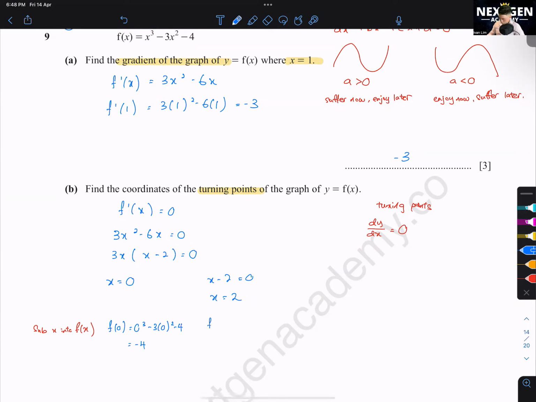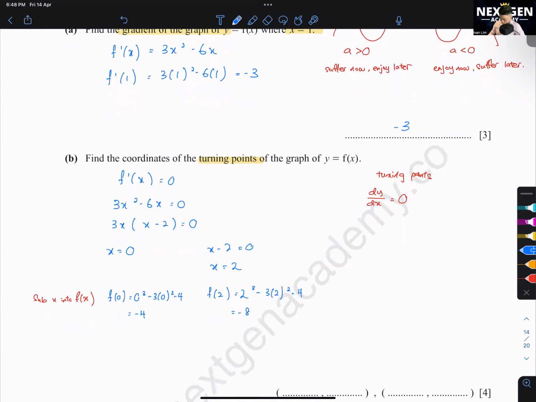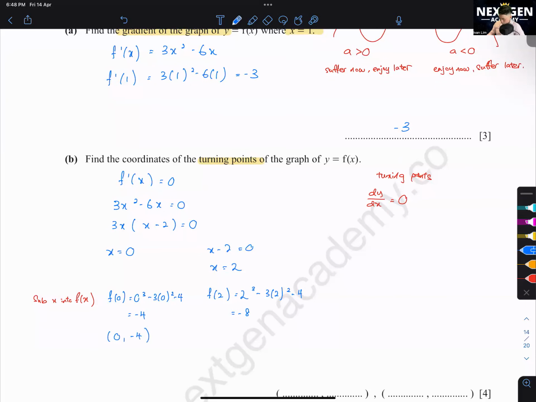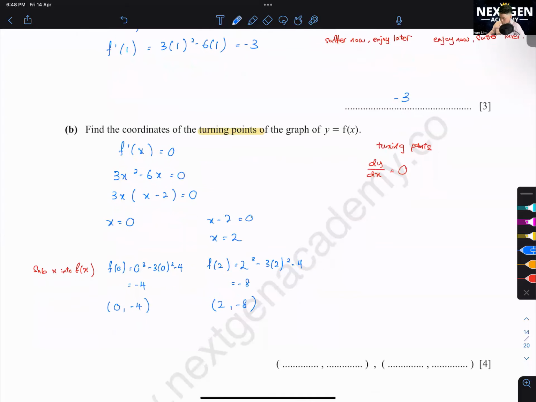Then f of 2 equals to 2 cubed minus 3 times 2 squared minus 4, which will be equal to negative 8. So over here, 0, negative 4. Then here is 2, negative 8.